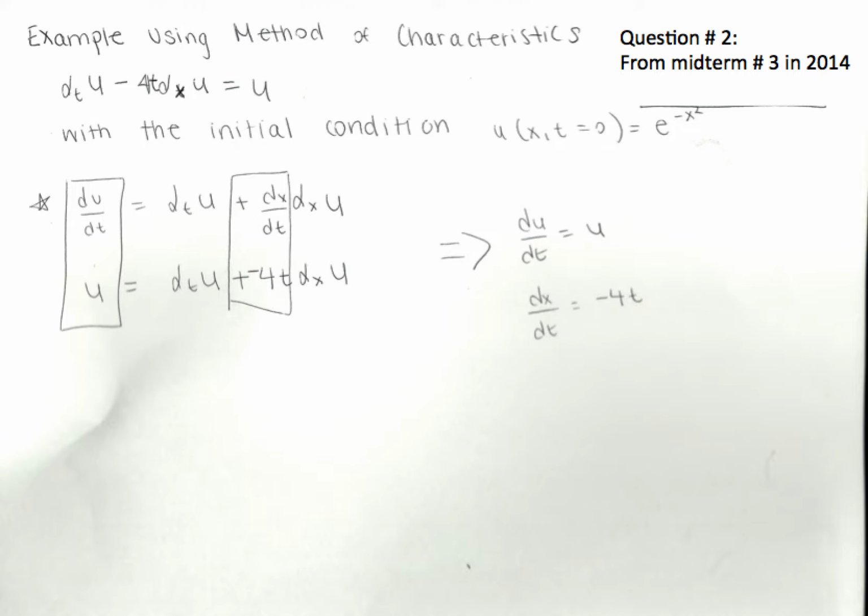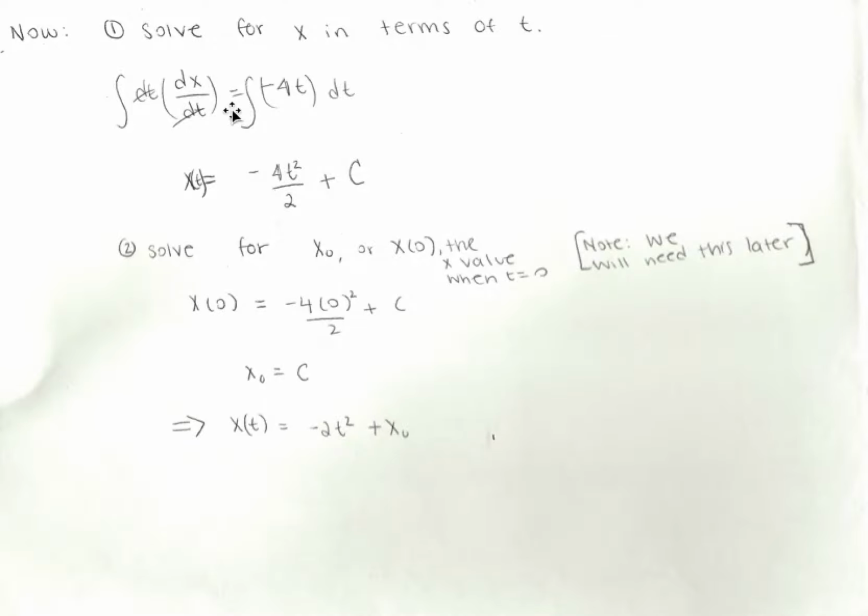Alright, let's move on. Now we want to solve the two ordinary differential equations we came up with using separation of variables. We are going to start by solving for x in terms of t. Here we had dx/dt equals negative 4t. Using separation of variables and integrating both sides, we get x of t equals negative 4t squared over 2 plus a constant.